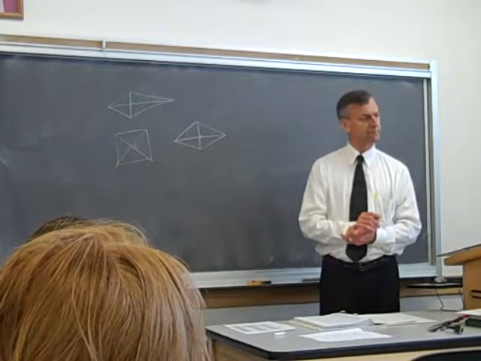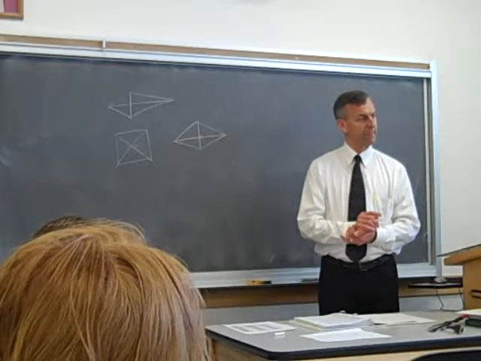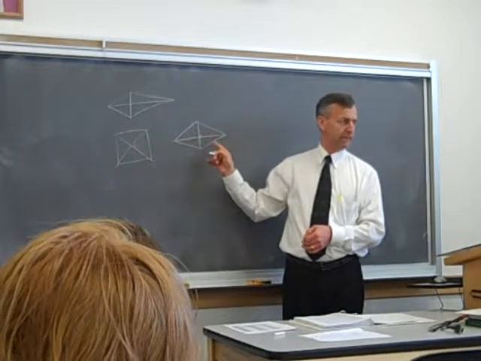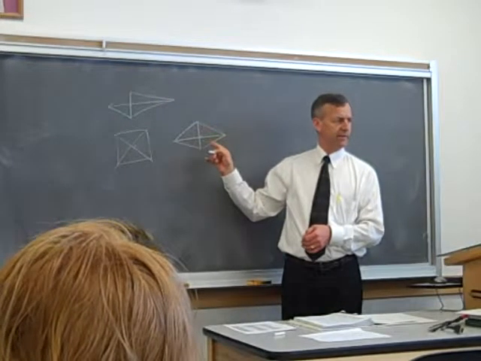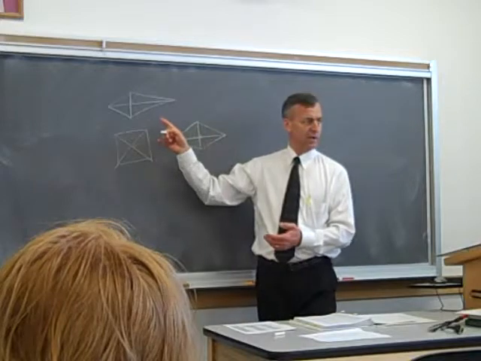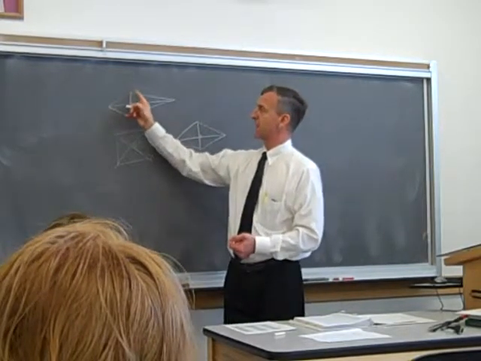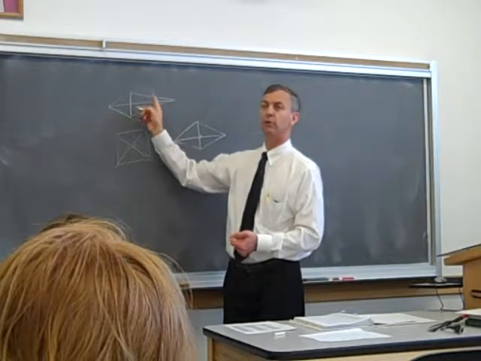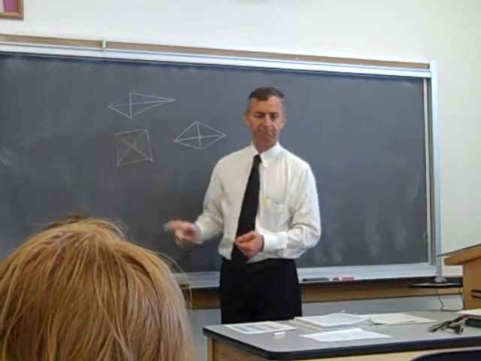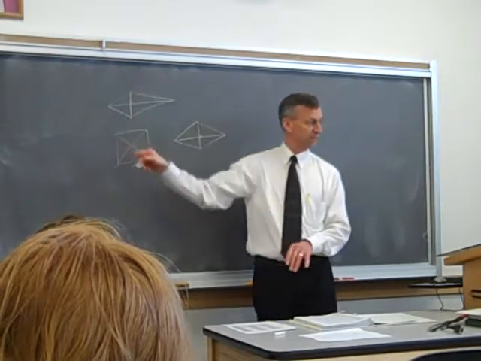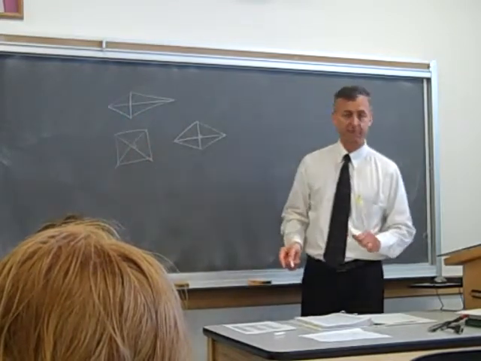Yeah, they'll all be in that format. It makes sense to me. Because we were really close to saying that this might be a kite, right? But it's not. The definition most people accept is that this pair is the same length and this pair is the same length, but the two pairs aren't the same as each other, which would make it a rhombus. But that helps you group them together with this characteristic anyway.